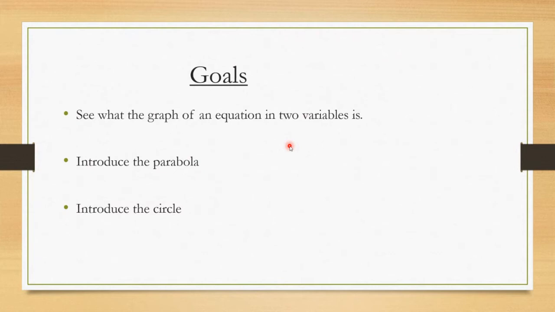Here, though, we're going to kick it up a notch and consider equations in 2 variables. In particular, we're going to see graphs of certain equations. For instance, we're going to see the parabola, and we're going to see the circle.